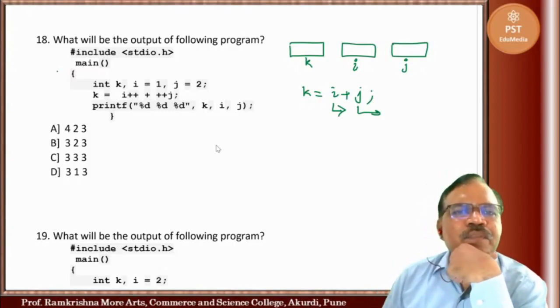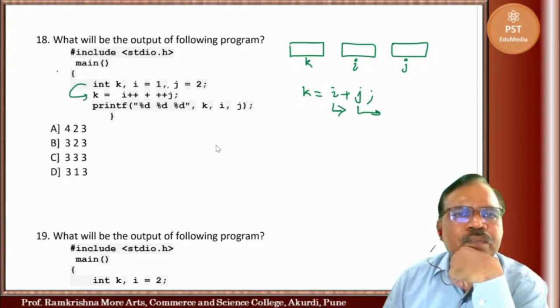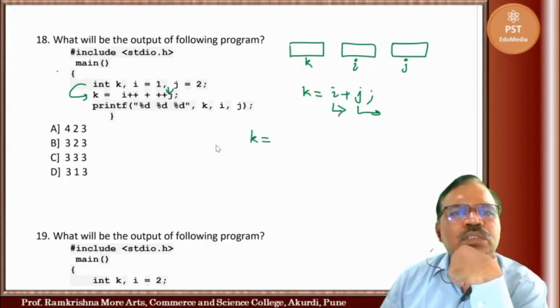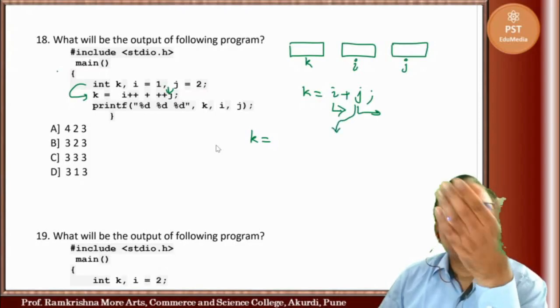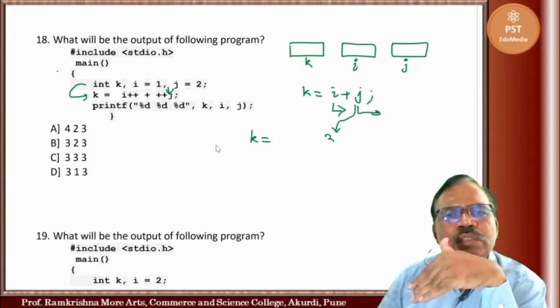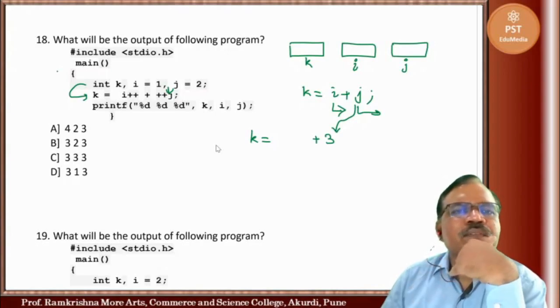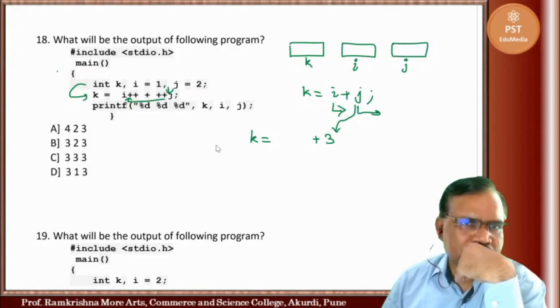So what happens here? When control comes here, k is equal to, now ++j. So first j will be increased, so j will become 3. Then control will go to this i++.